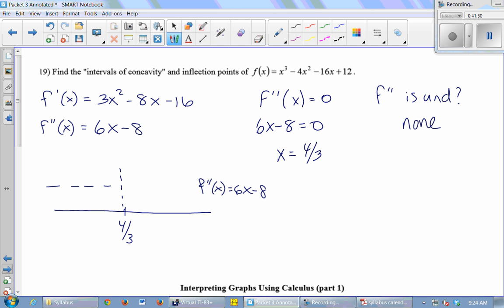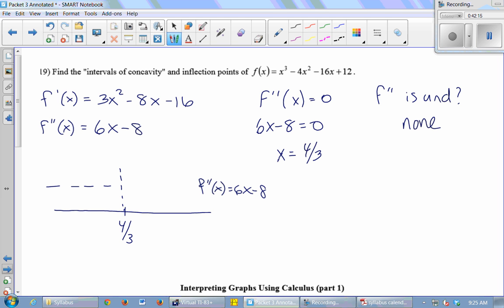For a function to change concavity, its second derivative has to be 0 or undefined. So this is the only possible place where my function could change concavity. So if it's negative one place to the left, it's negative always to the left.